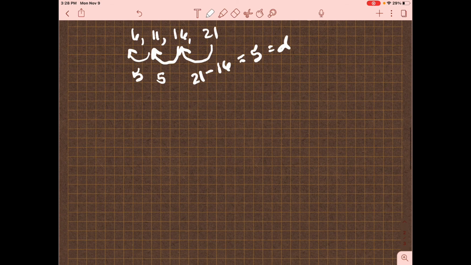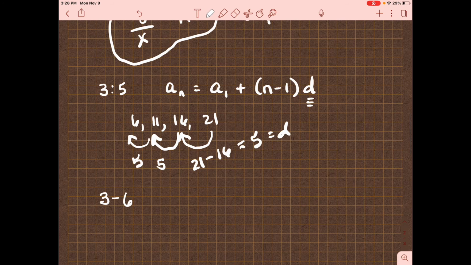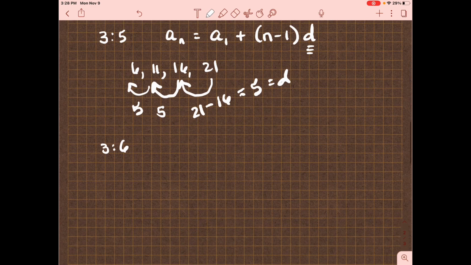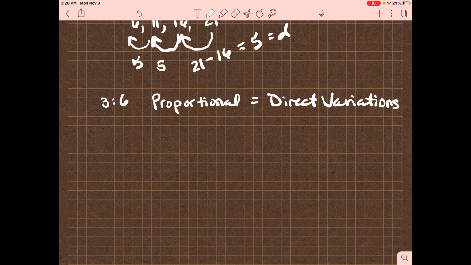Okay, when we got to lesson 3.6, we were really just talking about direct variations again. Proportional relationships are direct variations, and they go through the origin.